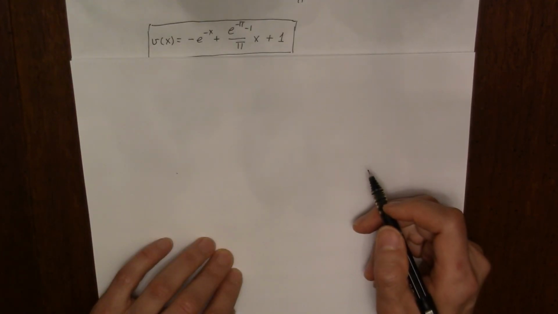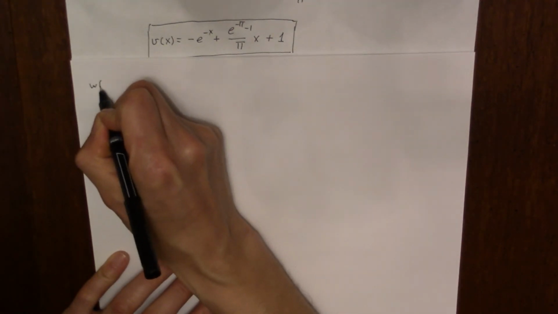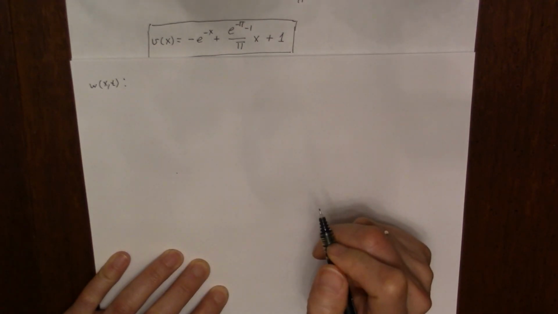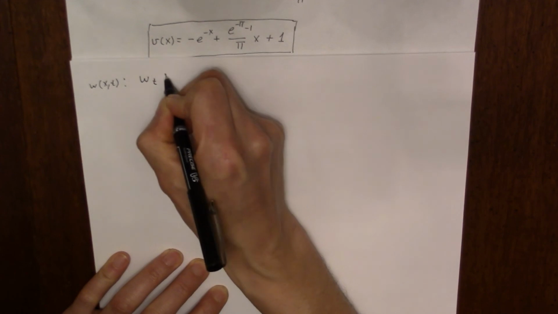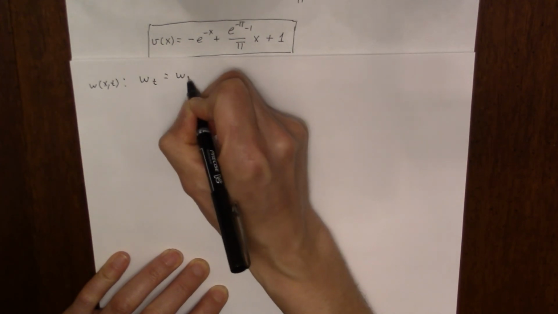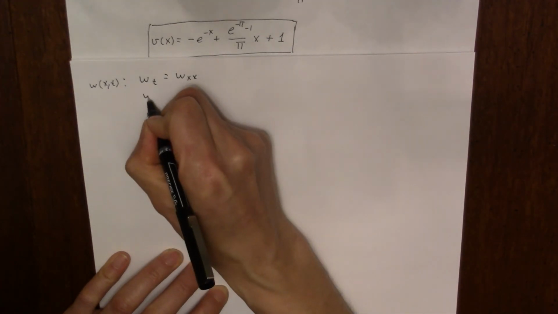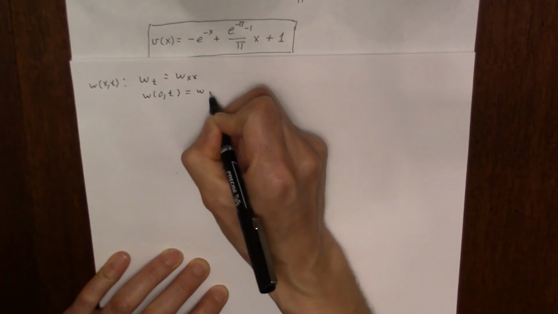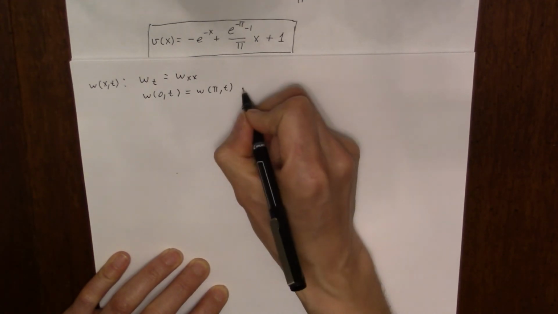Now we'll try to find the transient solution, w of x, t. W of x, t is going to have the conditions derivative of w with respect to t equals second derivative with respect to x. Boundary conditions on the transient solution w are w of pi, t and w of 0, t equal to 0.